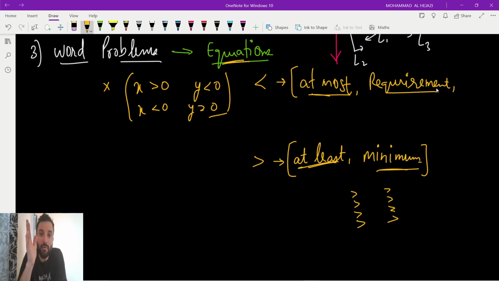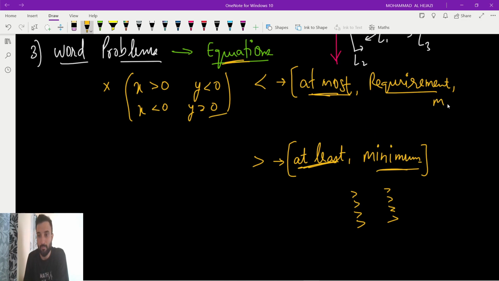We require 2 hours means a maximum of 2 hours, you can't ask for more. If there is a requirement of 10 persons, it means 10 or less than 10, you can't exceed 10. So remember these words: at least for greater than, opposite is at most for lesser than.